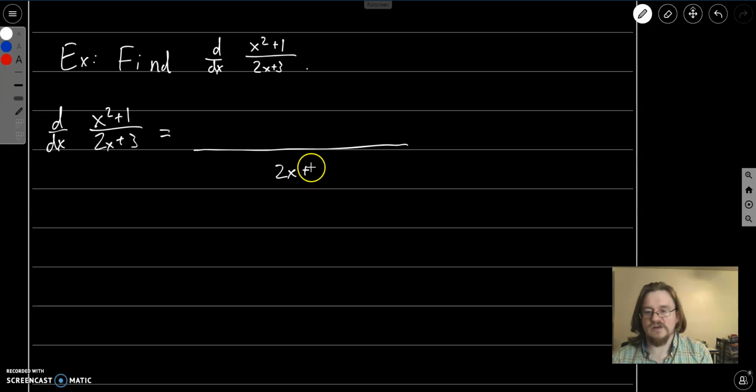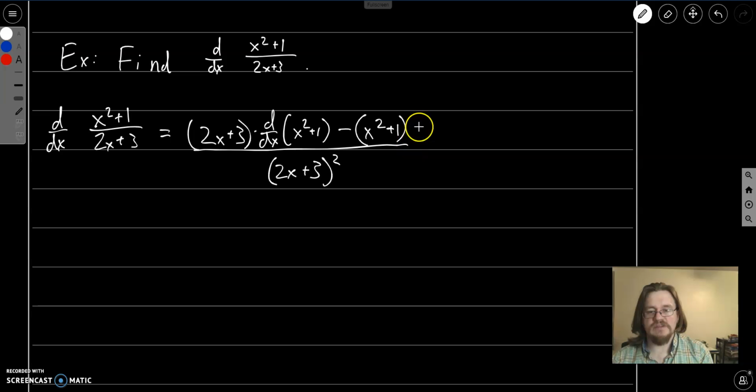I've got a 2x plus 3 quantity squared. And then the top of the fraction, I always start with the bottom times the derivative of the top. And we're going to subtract the top times the derivative of the bottom.